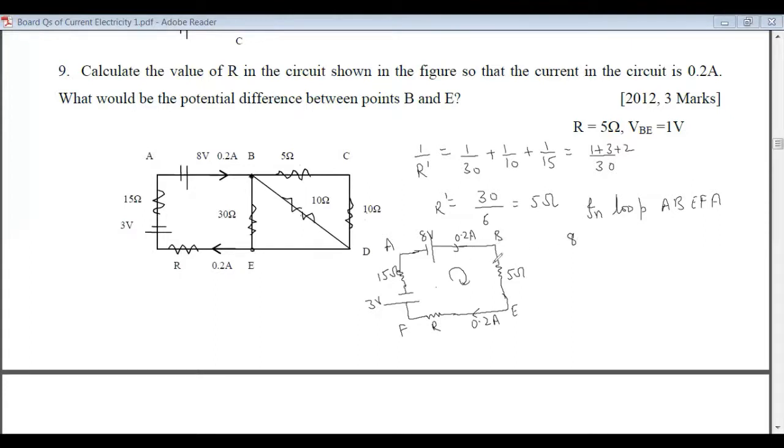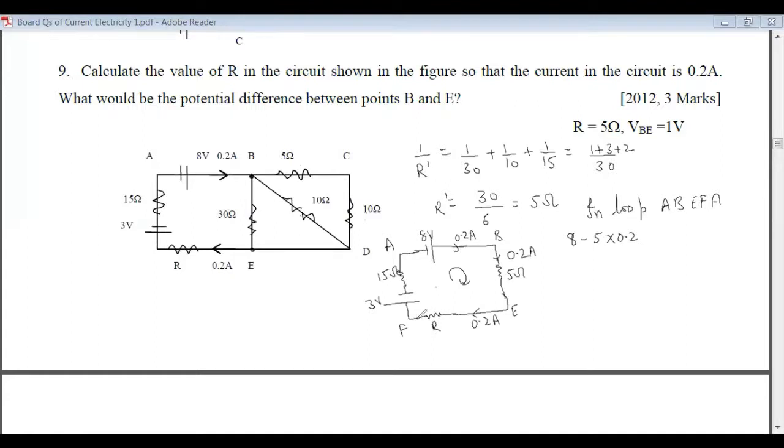Next, moving along the BE arm, we get I into R as the potential difference, that is 5 into 0.2. As we are moving along the direction of current, 5 into 0.2 will be taken as negative. So minus 5 into 0.2.